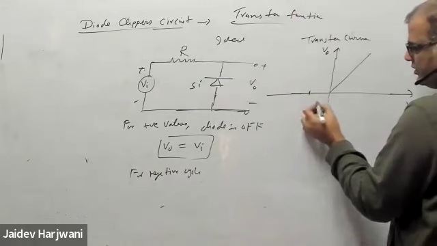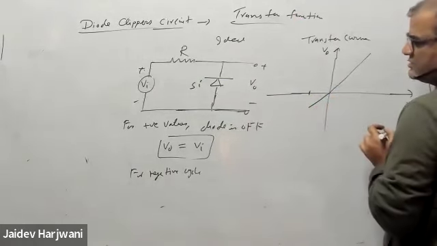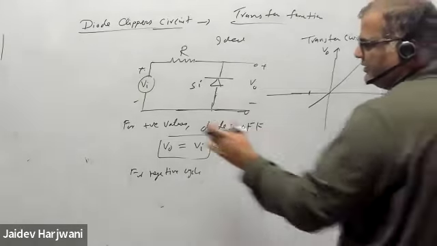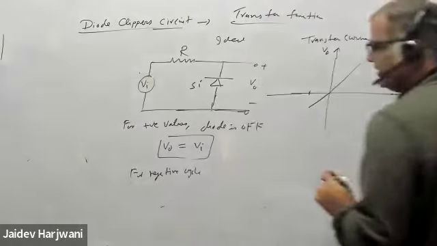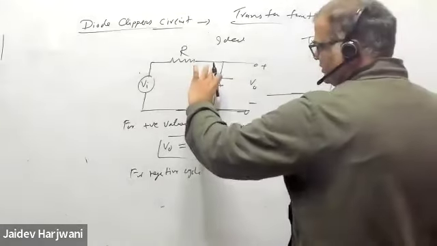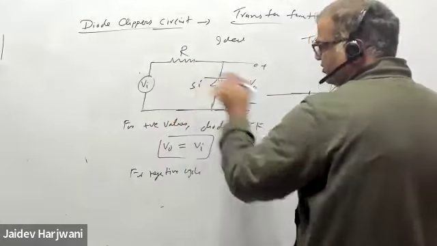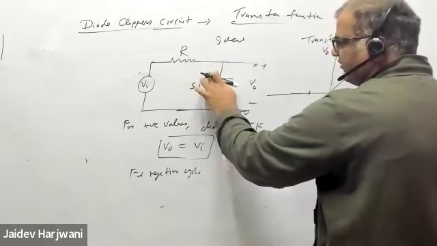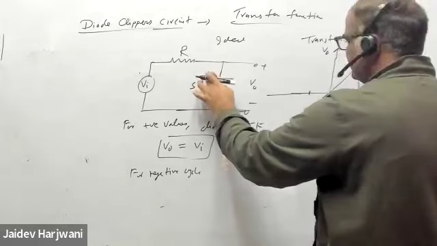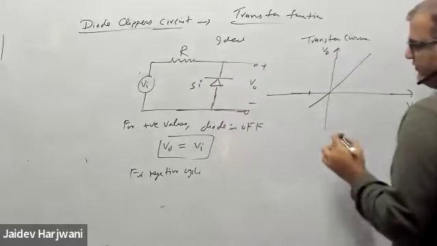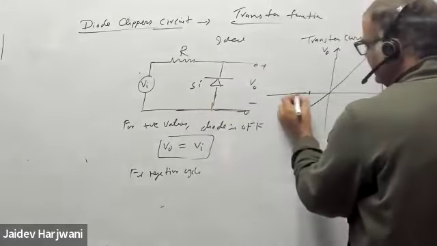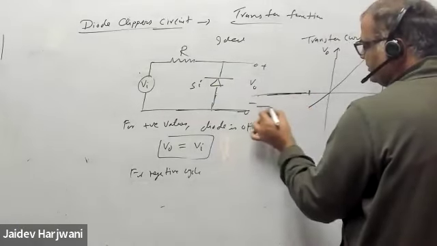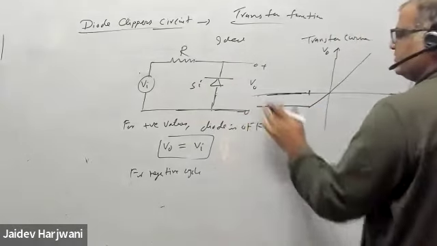If your voltage is negative but its magnitude is less than 0.7, then the diode is off. And once it becomes greater than 0.7 in magnitude, it will conduct.